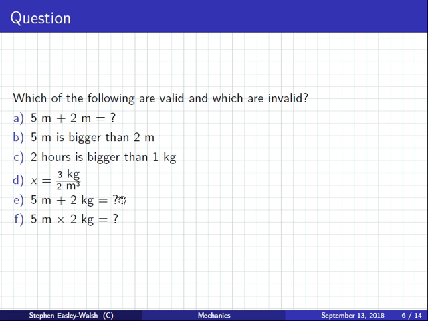Can you just write these examples down and write beside them right or wrong, just for examples in your book. So you could write 5 meters plus 2 meters, correct.